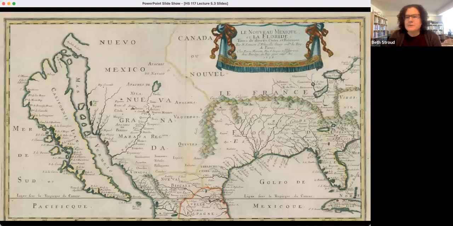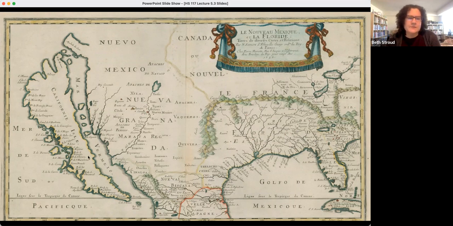This is a map from 1656. It's a French map showing North America. And you see the territories claimed by Spain over here. All of this area is called New Mexico.